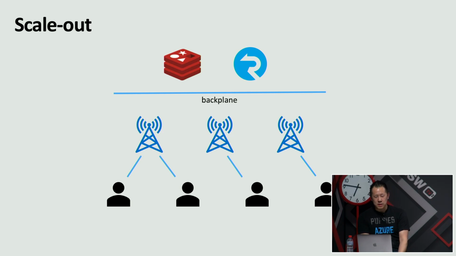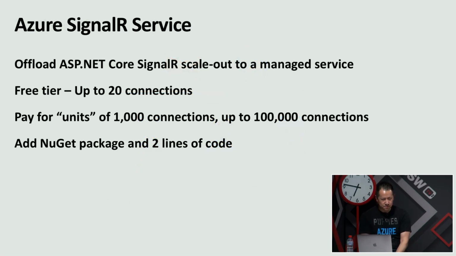So with ASP.NET Core SignalR, there are really two ways to do scale out. One is using Redis. You can stand up your own instance of Redis and configure SignalR to use that as a backplane. A much easier way is using a new service in Azure called Azure SignalR Service. And that acts as a backplane for you. And there are some advantages to it, and I'll go through that right now.